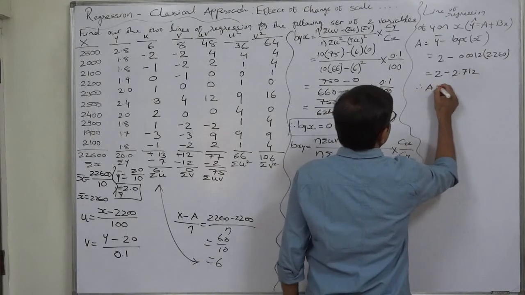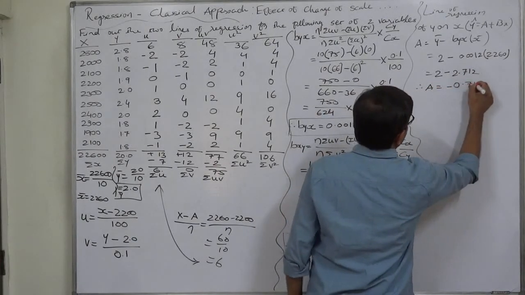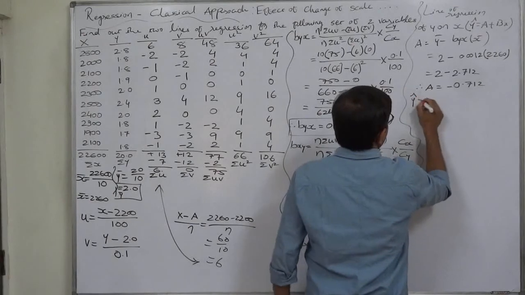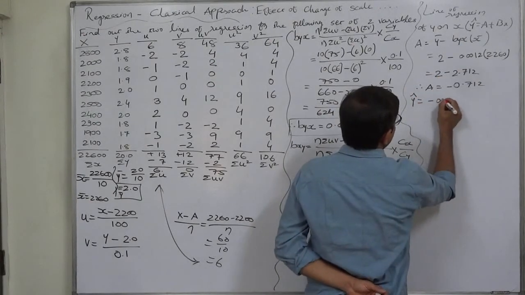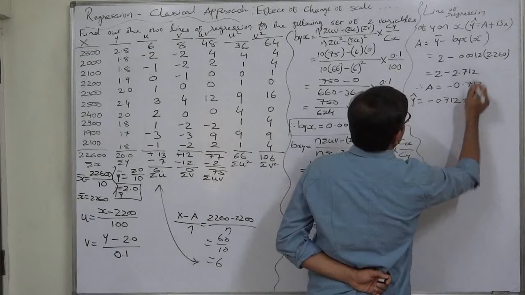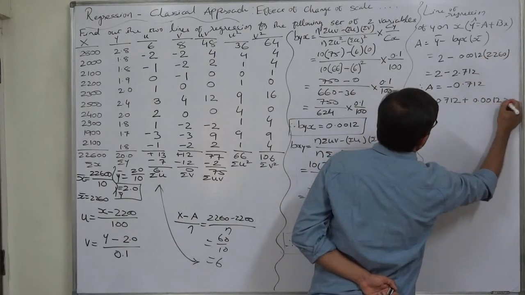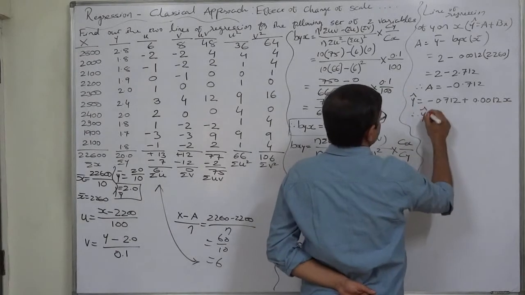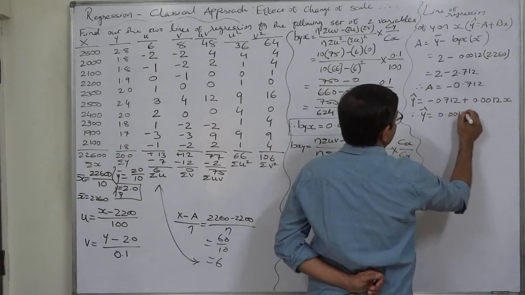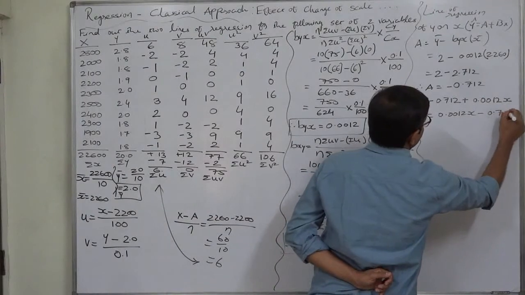So A comes to minus 0.712. Y cap is A, that is minus 0.712, plus b for byx 0.0012x, or in positive order it is 0.0012x minus 0.712.